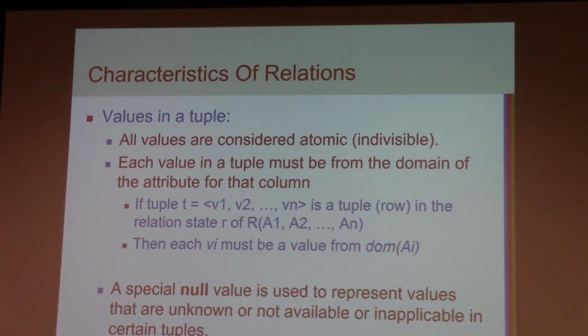So 1 plus 2 plus 3 divided by 3 is 2. What is the average of this one? 1 plus 2 plus 3, so divided by 3 or 4? 4. So it will be 0.5.